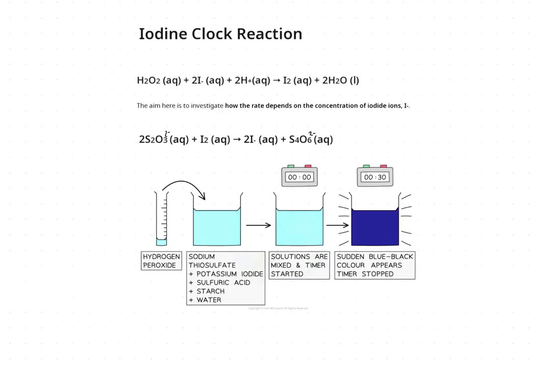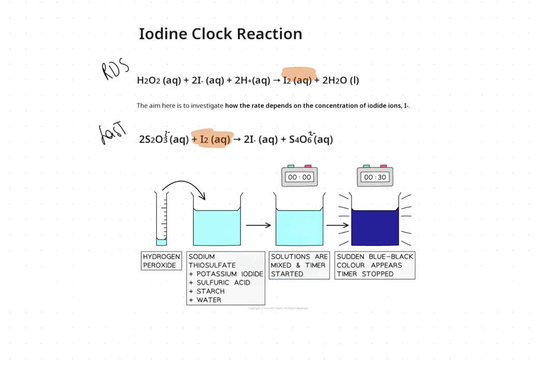This is the rate-determining step, which means that this step is very slow, but it's followed by a very fast step. As soon as the reaction starts, the iodine that is formed is much faster to react with the thiosulfate than to form a complex with the starch, which means that all of this iodine is stolen, and it forms products which don't give a color change.